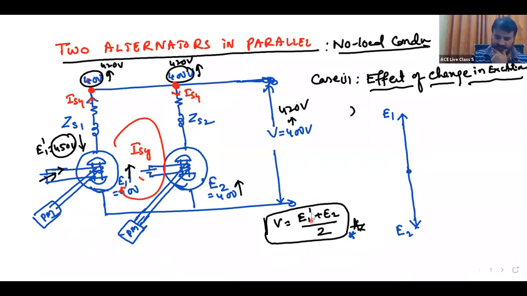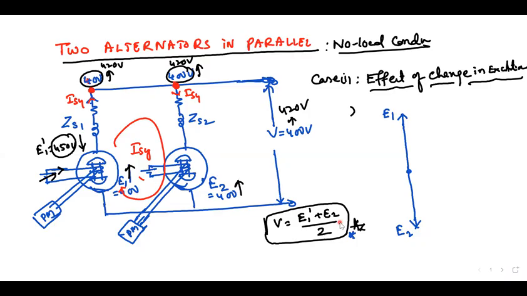If only E1 dash increases, definitely V will increase. But to maintain the same, E2 has to be decreased. Then you will get 400 again.